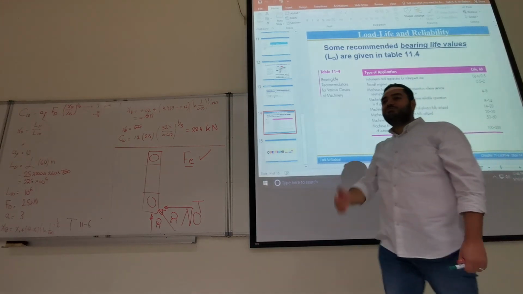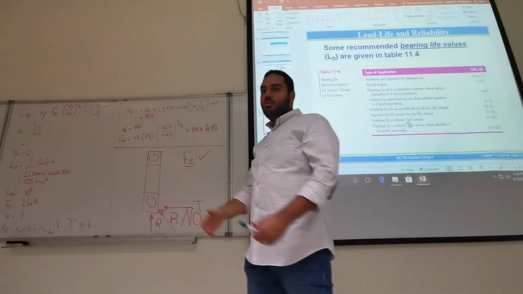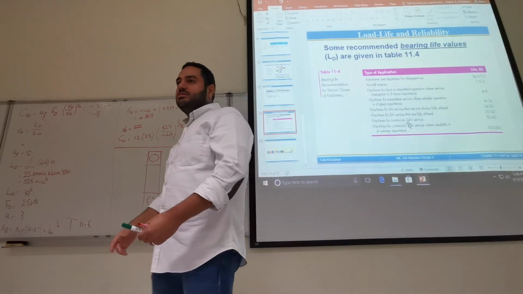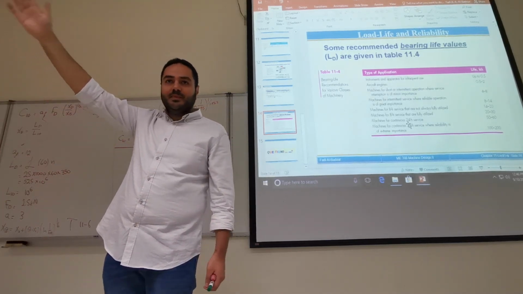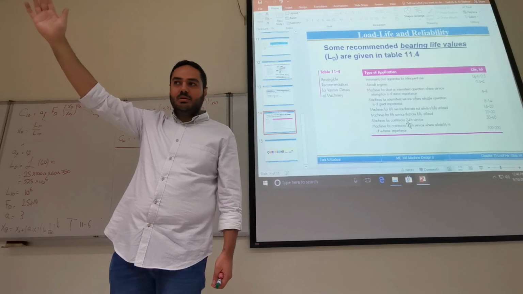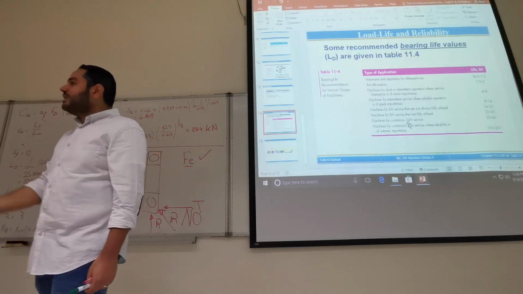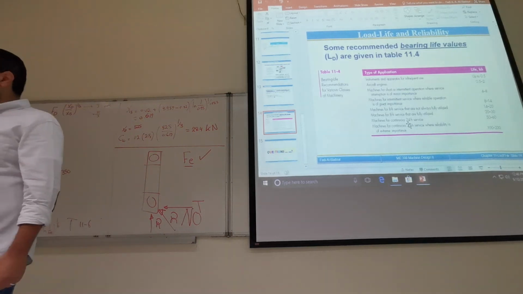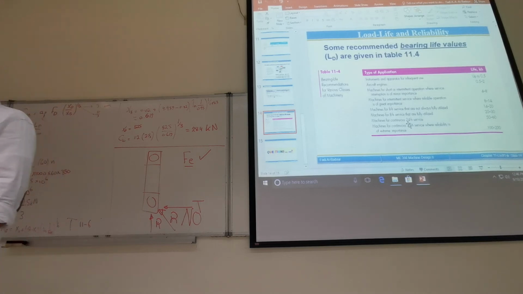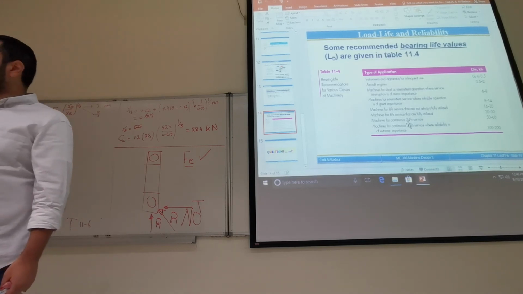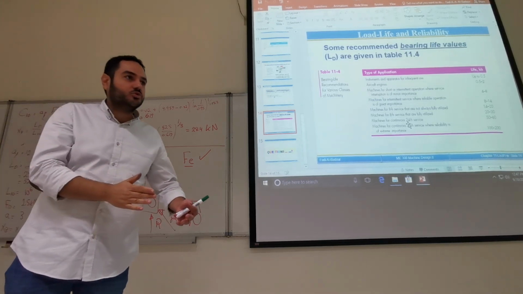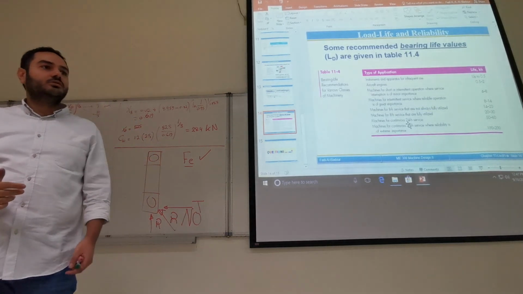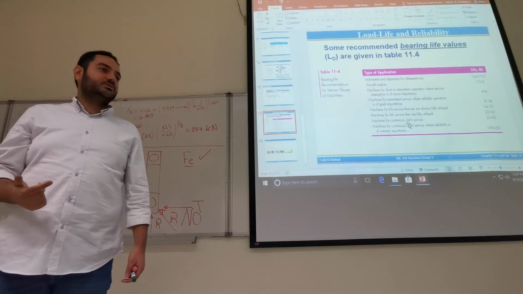For example, a lathe machine in a workshop, but not a production workshop like the workshop we have here in our building 1. The machines there are not fully utilized. They are not running all through the 8 hours a day. The technician uses them maybe a couple of hours a day, then moves to another machine, uses it for another 2 hours, and so on. So this is not fully utilized.